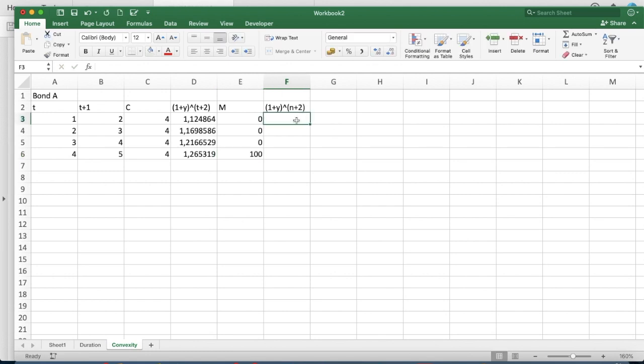Same thing here. So equal to 1.04 power n, which is the final payment period, plus 2. So I will open parentheses here.